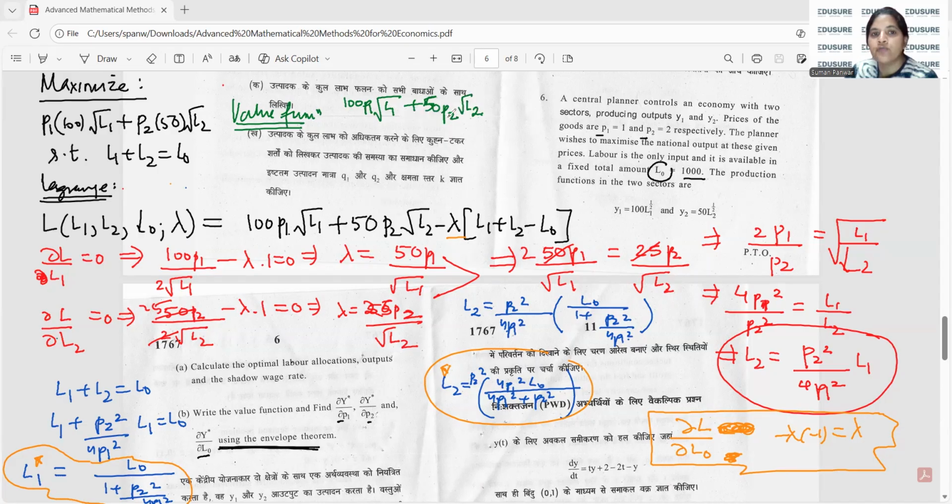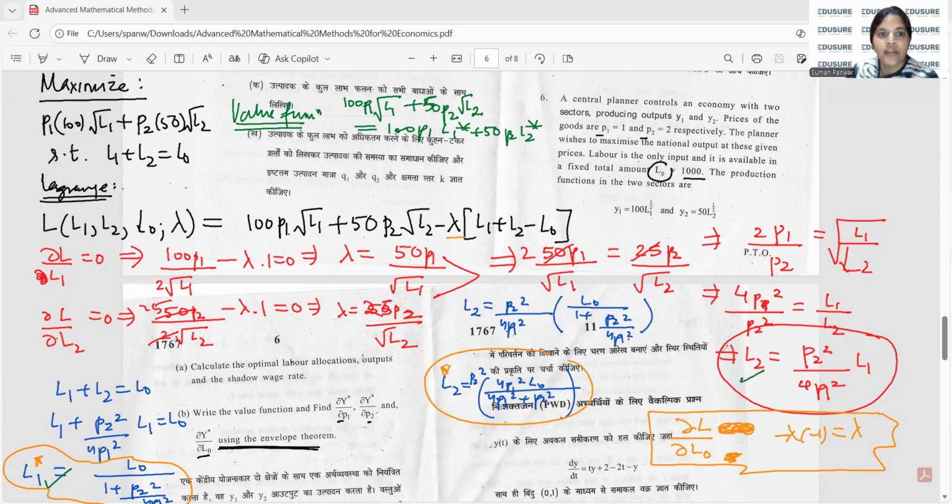Now I'll have to substitute the values of L1 and L2 which I have obtained. So my value function will be 100 P1 root L1 star plus 50 P2 root L2 star. So just substitute the values of L1 star and L2 star. That is your value function.